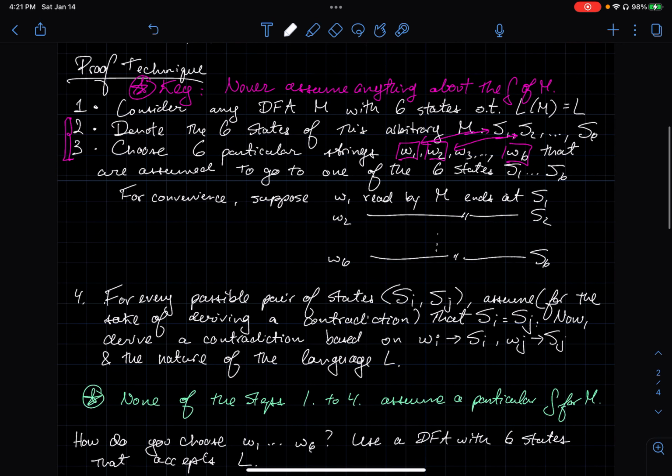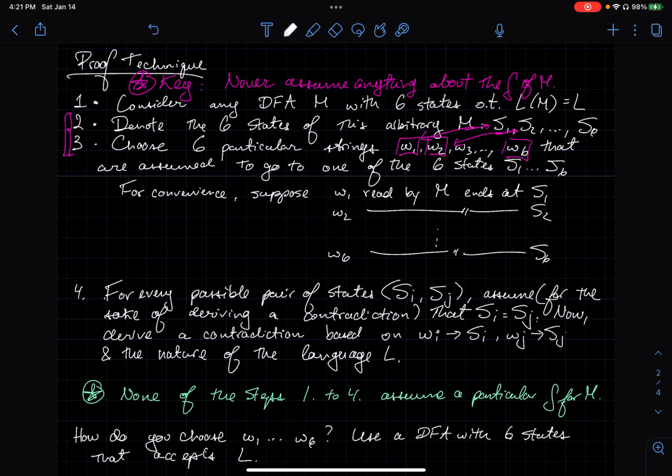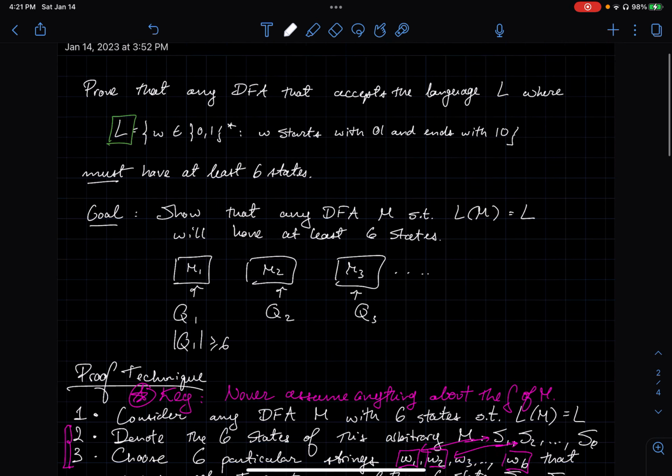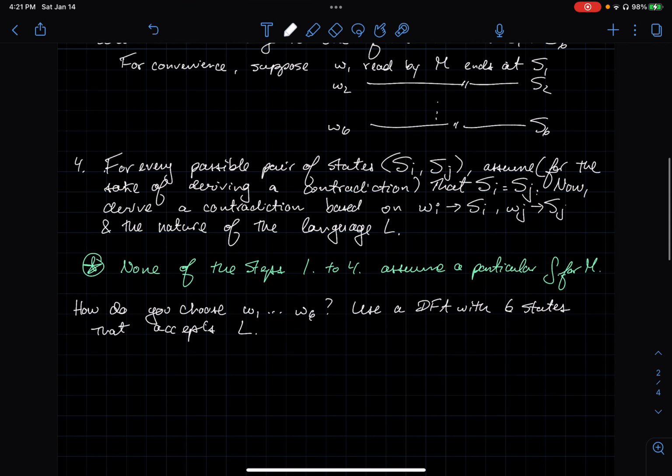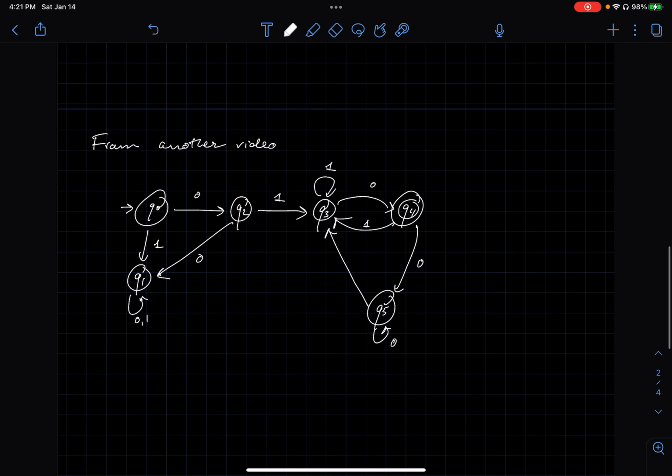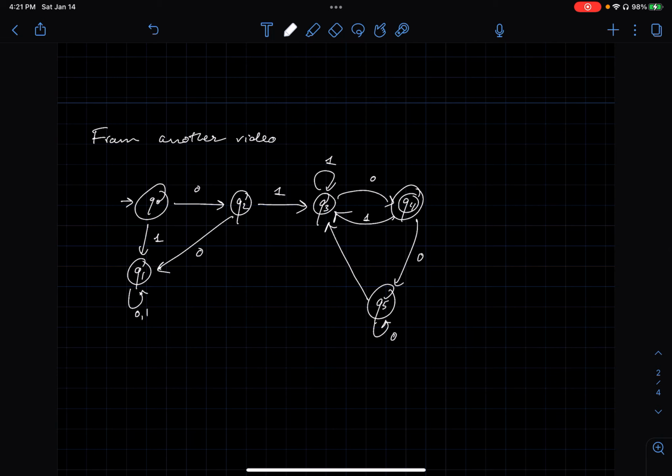Now that I've given you the proof technique, the general idea, we're going to look at a quick example. Well, we're not going to look at the quick example, we're going to actually solve the question. From a previous video, we've already created a DFA that accepts L. So this is a particular M prime such that the language accepted by M prime is L, okay?